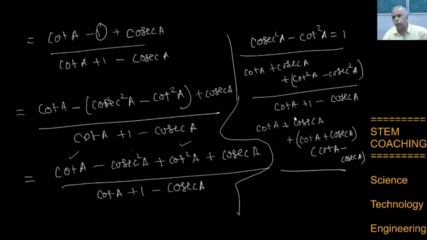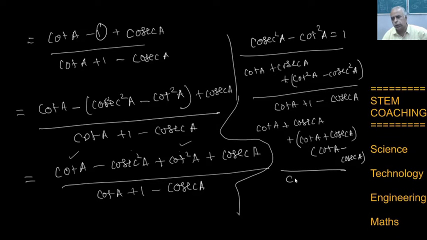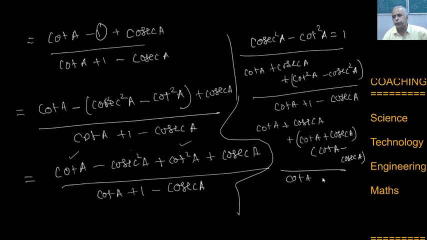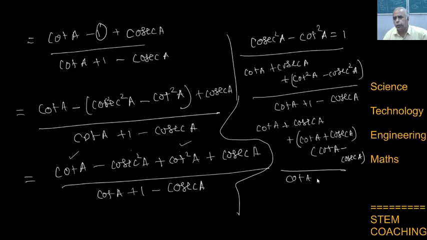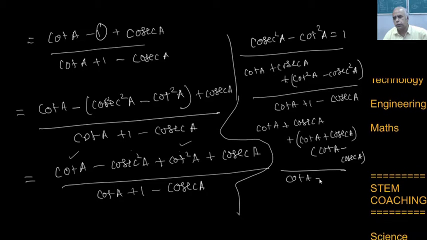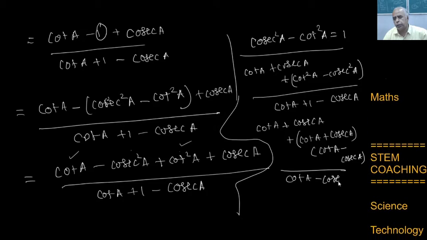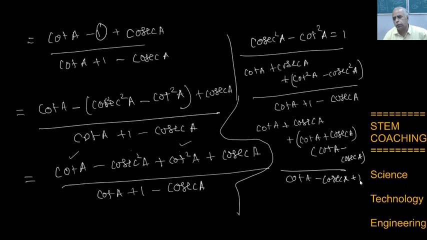Whole divided by, you have got the denominator. What is that? Cot A, is it not? Cot A and then minus cosecant A. You can rearrange this, plus 1.